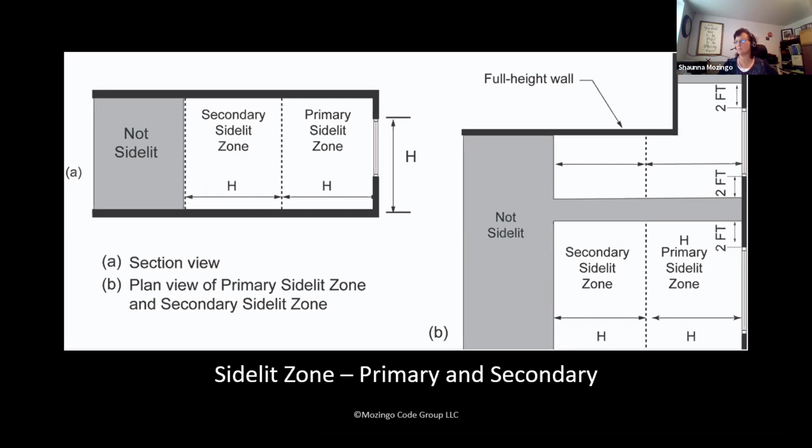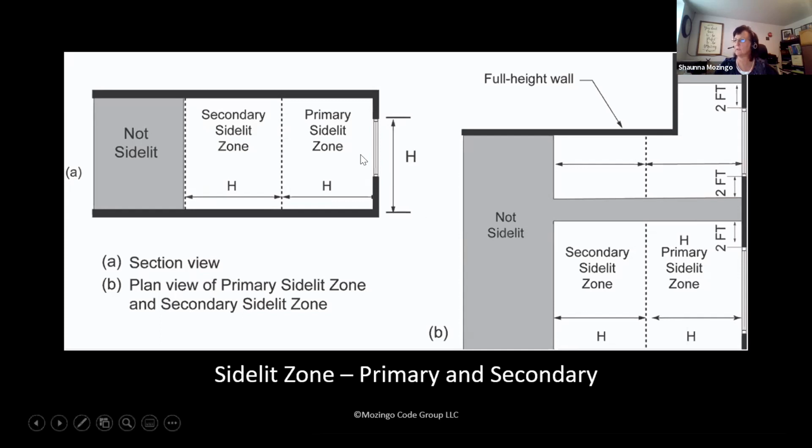It really is up to you, the designer, to show your plan view of these daylight zones and to show that you don't have more than 150 watts of lighting in each one, because that's really the big kicker of when these daylight controls are required.